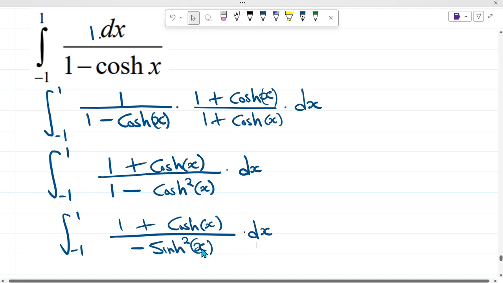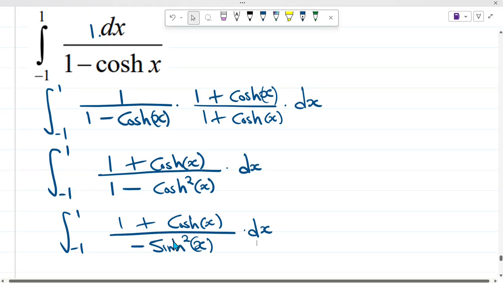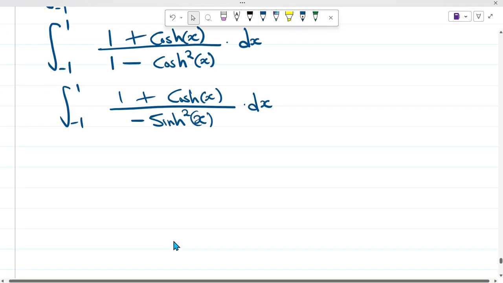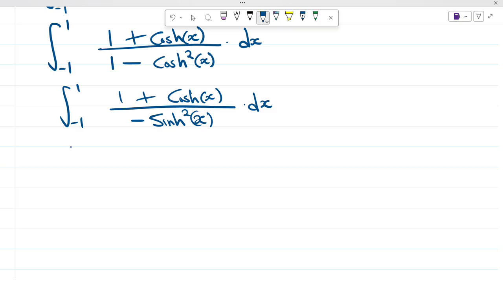You understand? So now I'm going to split so that each has its own denominator.